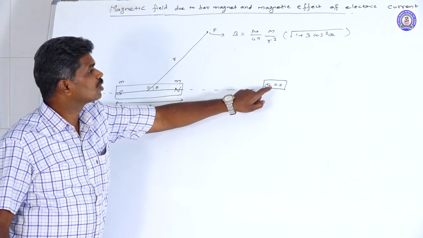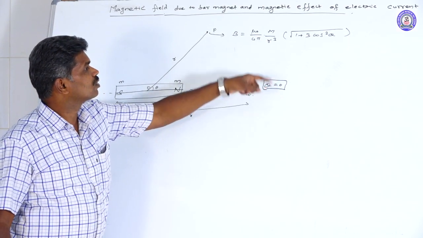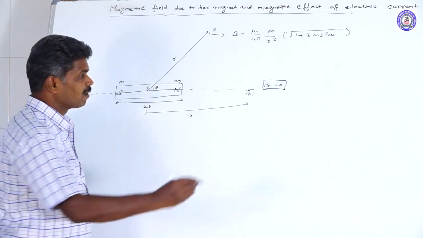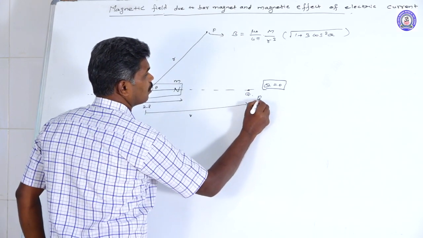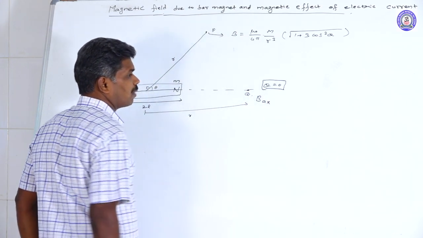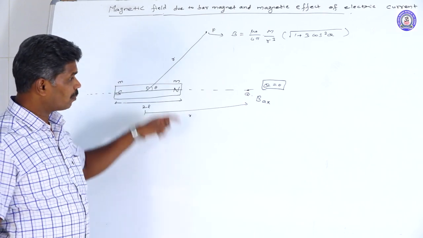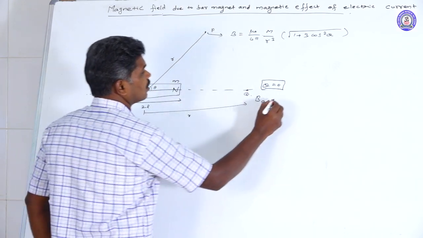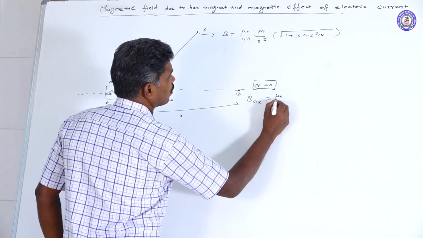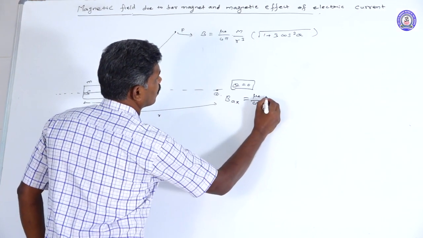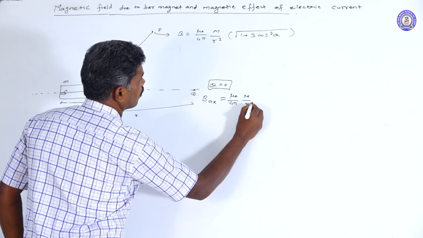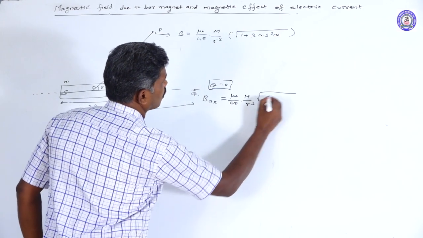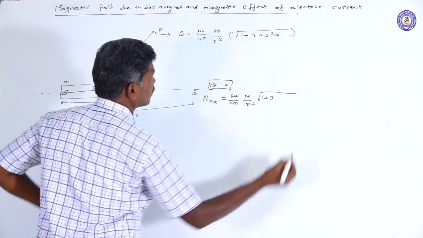If you substitute theta equal to 0 in our formula, we will get the axial line component. B axial, the magnetic induction due to a bar magnet along its axial line, is mu naught by 4 pi into M by R cube, square root of 1 plus 3.